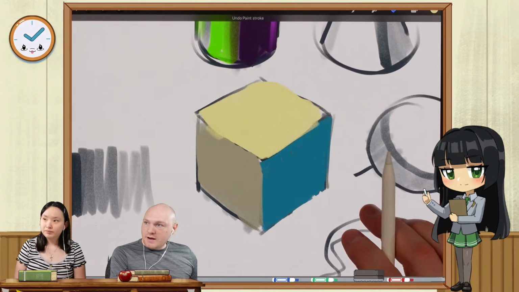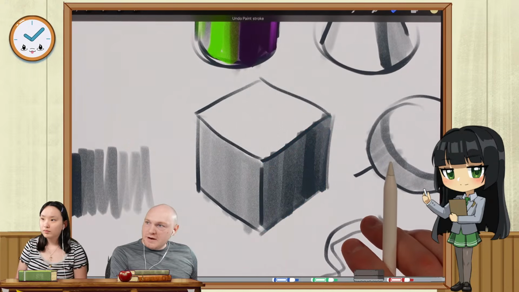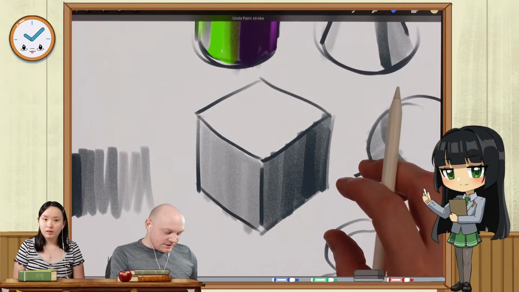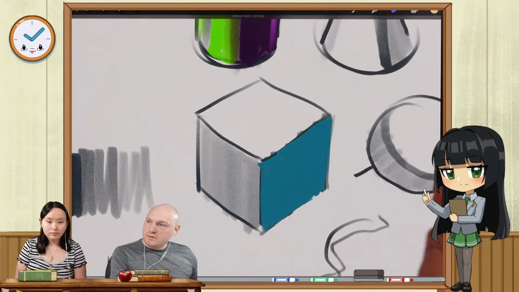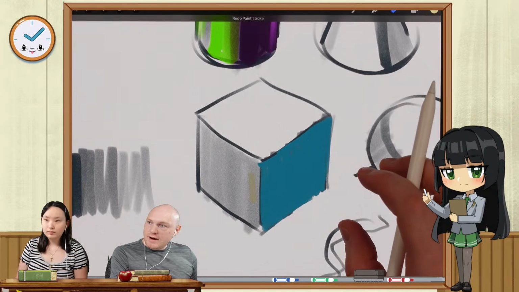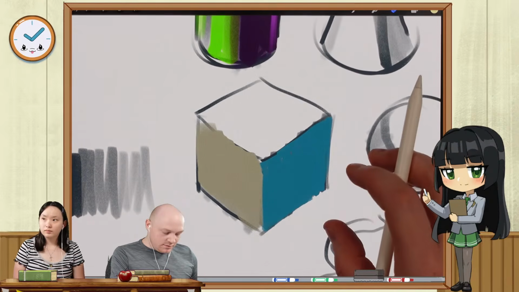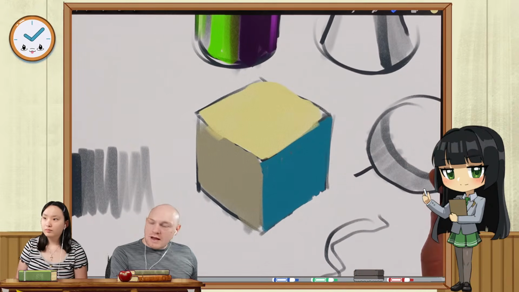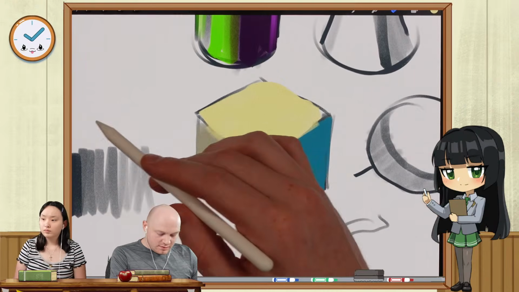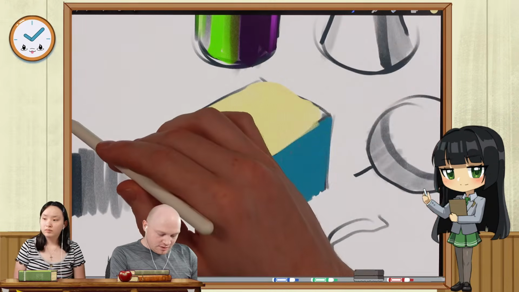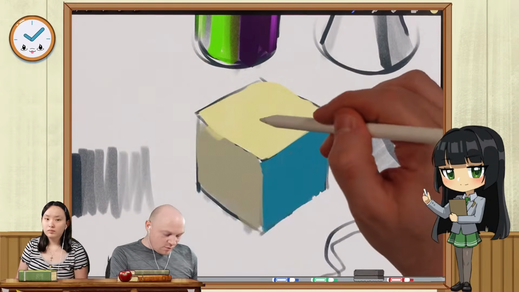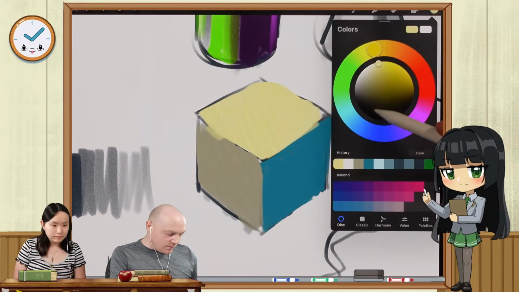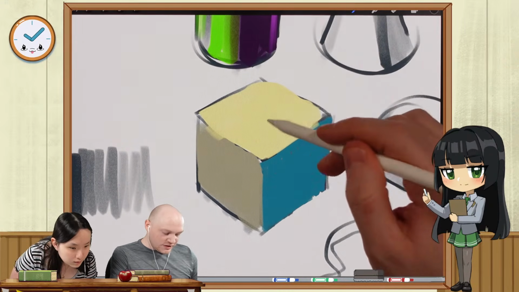So I would turn this into grayscale by choosing a value that's the same as the grayscale. Blue, same value. Brownish, yellowish, same value. I still have my one, two, three read, because this cube was solved when I decided what was the light side, the medium side, and the dark side. The colors don't solve the cube.